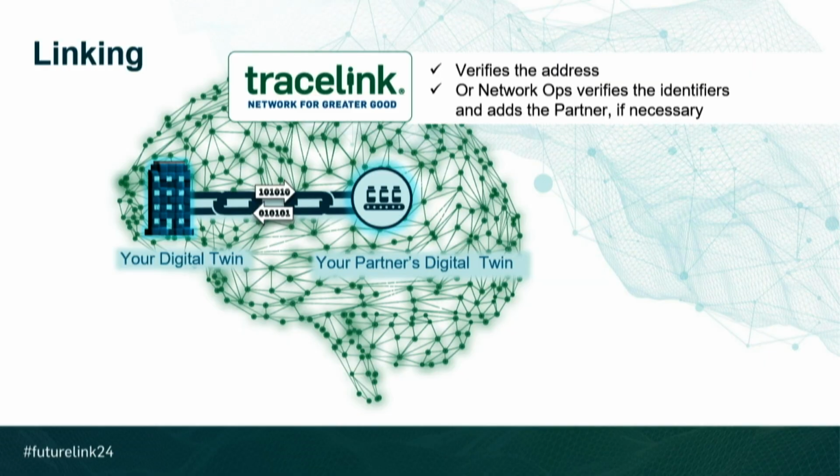It basically tells TraceLink, okay, TraceLink knows your company, it knows your partner's company, so it's ready to exchange data across that link. Also, when you do link your partner, it creates this shared digital space, secure space with your partner, so you can exchange the data with them.